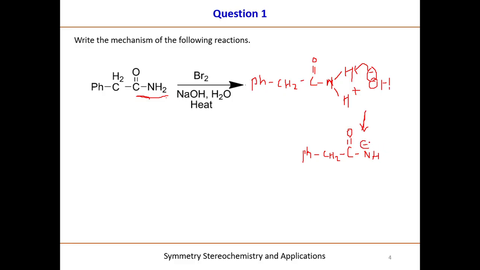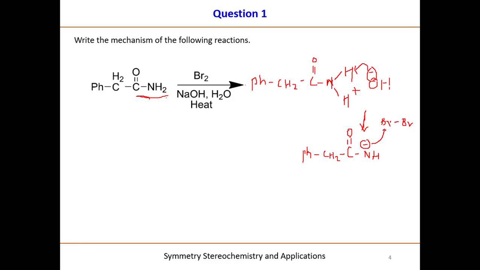Then halogenation will take place. Nucleophilic attack of halogen, as bromine 2, will take place here. So we have this bromine 2 here, and this negative charge will attack over here.